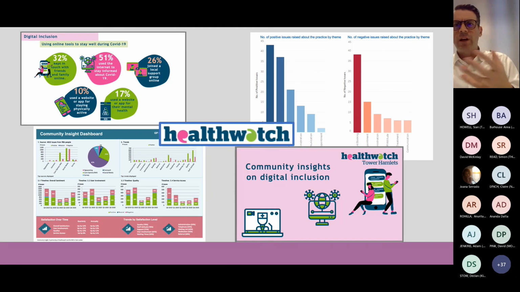They've done for us and with us recently loads of interesting work around digital inclusion, which has been such a rich resource for us when working with practices. They're getting such a large quantity of data, both qualitative and quantitative, which we can then turn into lots of interesting insights for practices to look at the main drivers for positive experience, and the main areas where patients are experiencing a negative experience trying to access services.